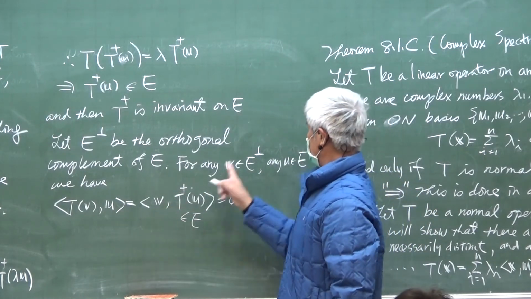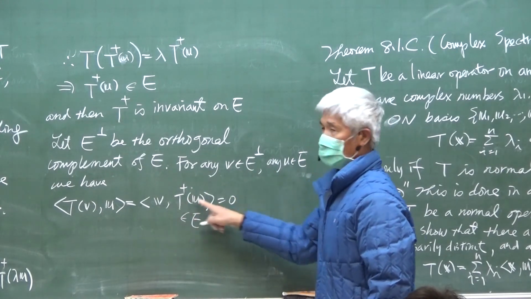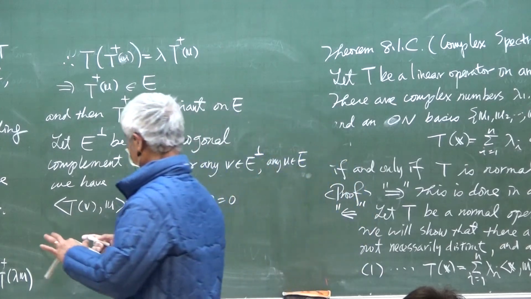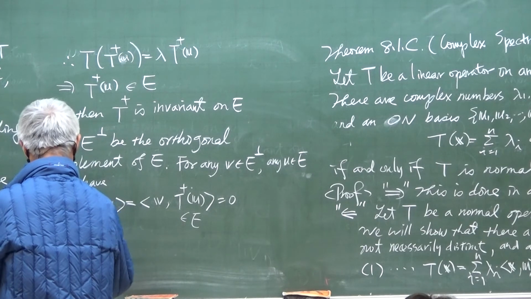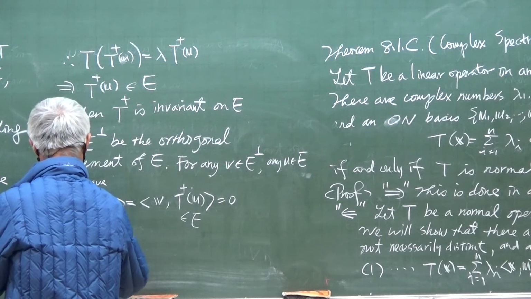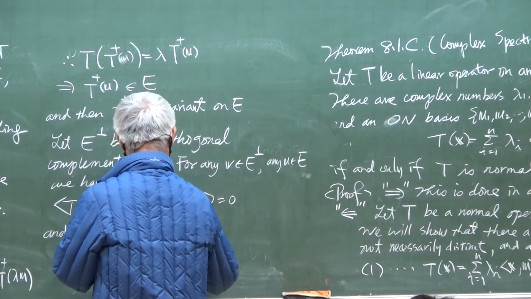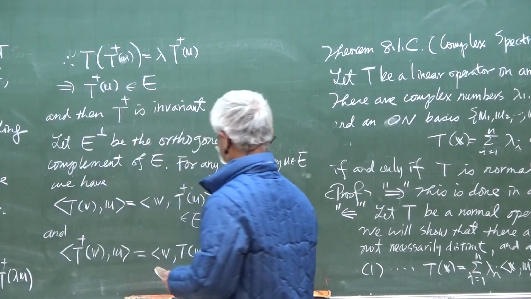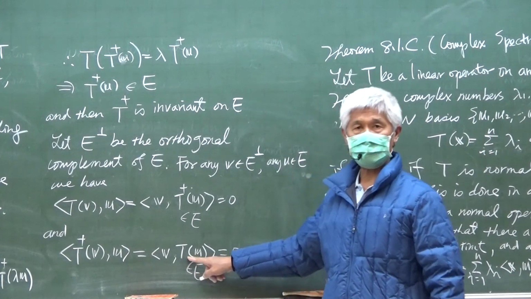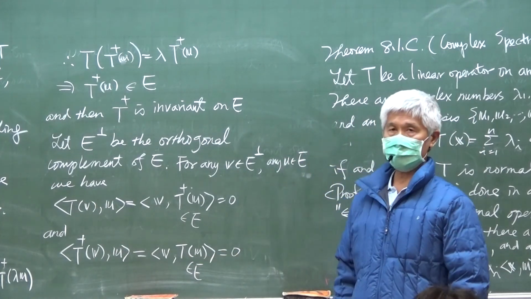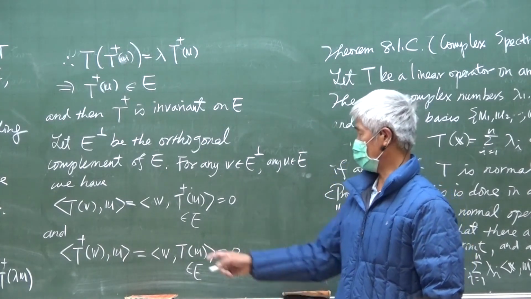And so v is in E perp and this vector is in E, so of course they are orthogonal, giving 0. And similarly, T dagger v with u equals v with T u. And this is also 0, because T is invariant on E, so this image is also in E, so they are orthogonal.